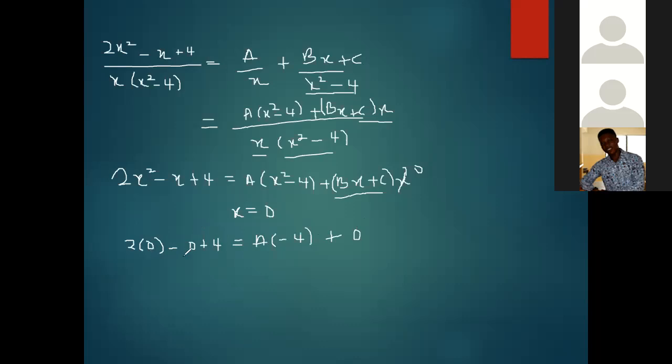So on the right side, we are left with 4, and on the left side, we have negative 4a, which implies that a is equal to minus 1. Okay, very well.